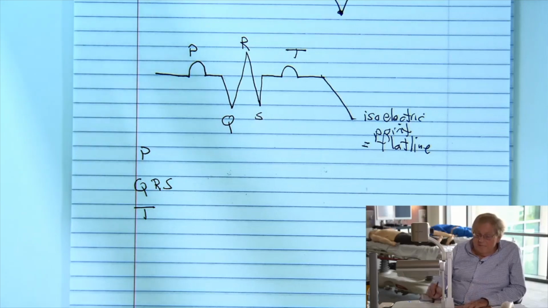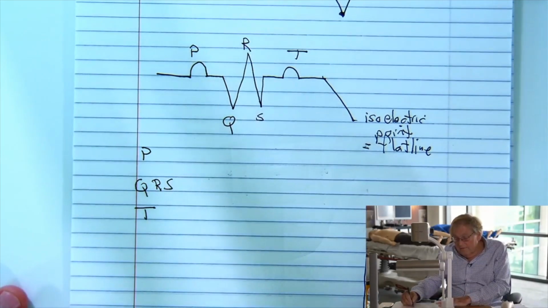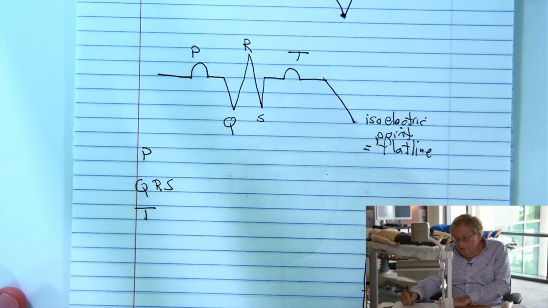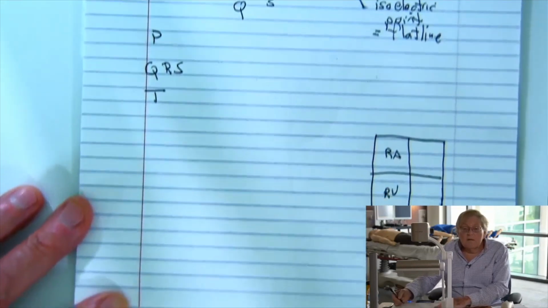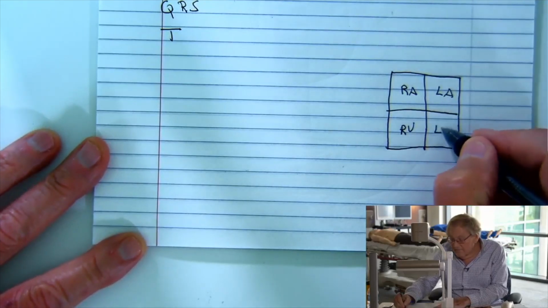You then have P, and P naturally, because we're looking at a 4-chambered heart. And remember that 4-chambered heart is going to have 2 atria and 2 ventricles. It's going to have an RA, right atrium, RV, right ventricle, LA, left atrium, LV, left ventricle.